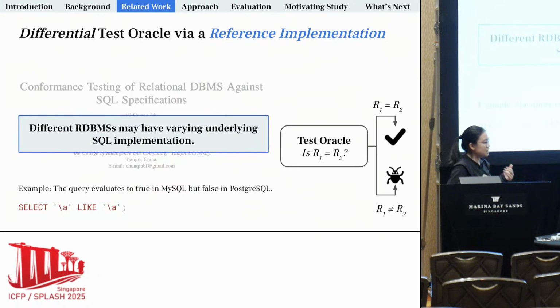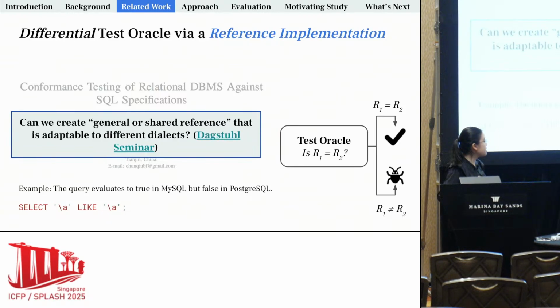But such work also sidesteps the dialect problem because different database systems can have different underlying SQL implementations and do not necessarily conform to the standard SQL specs. Therefore, we might ask if there is a more general or shared reference that we can use that is applicable to different dialects.